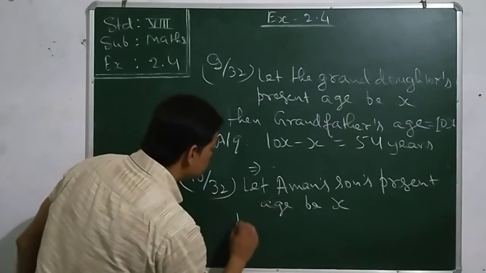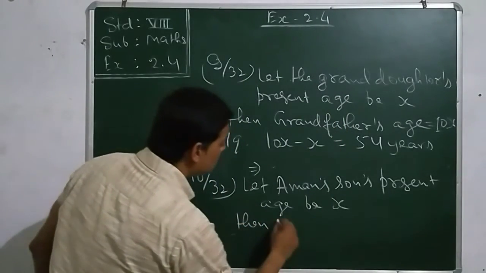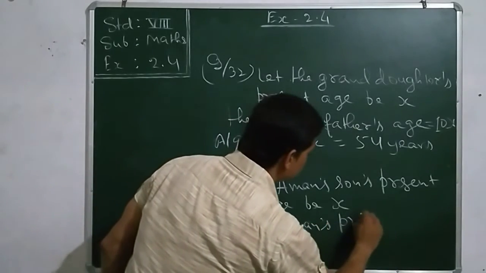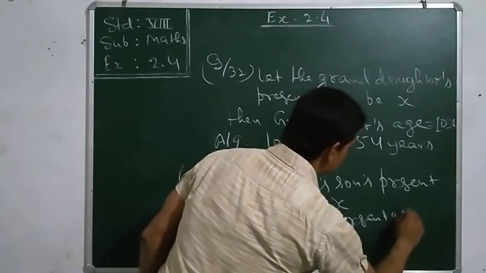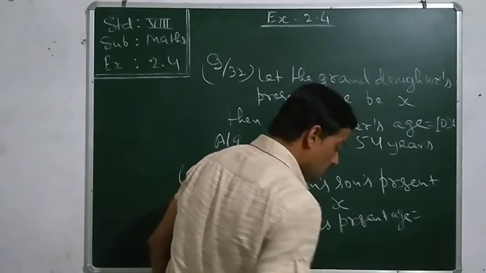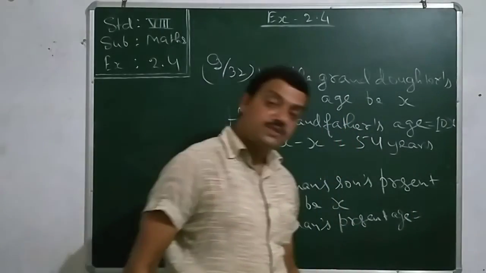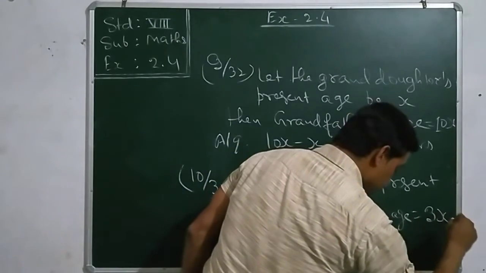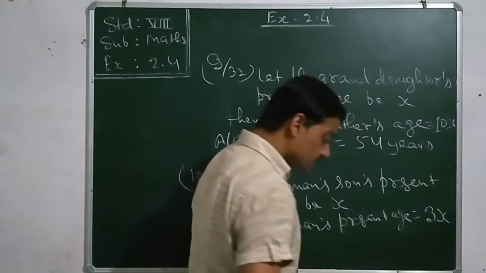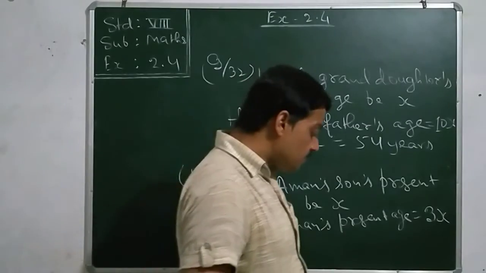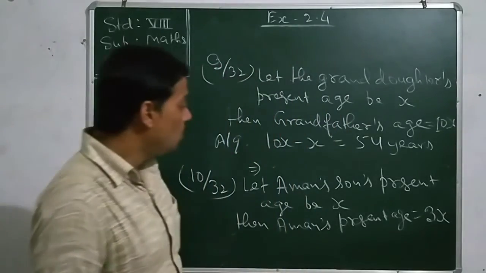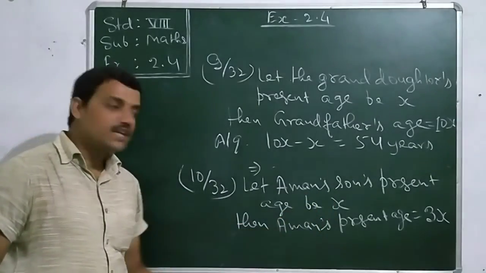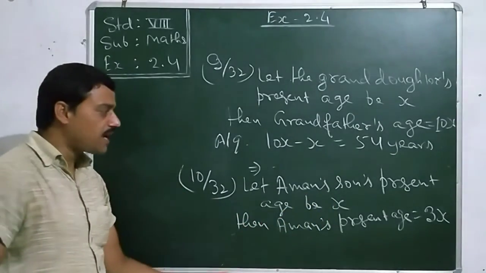Then Aman's age equal to three times his son's age, so it will be 3x, and 10 years ago, that means x minus 10, the period will be 10 years back.